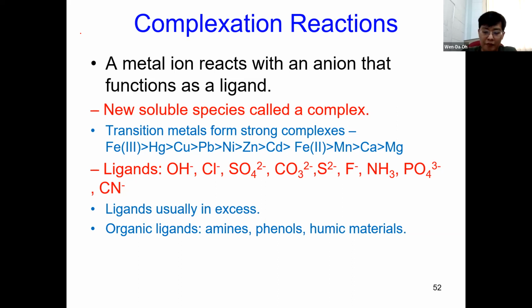Initially the heavy metals may not be toxic, but once you complex them with something, they can be more toxic. Complexation can also affect the transport of the chemicals, or the heavy metals, themselves.